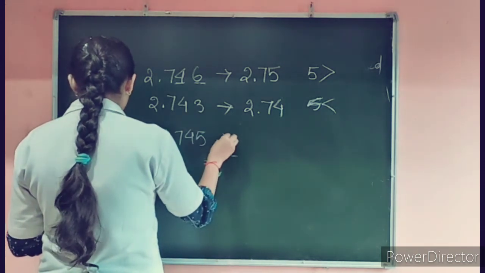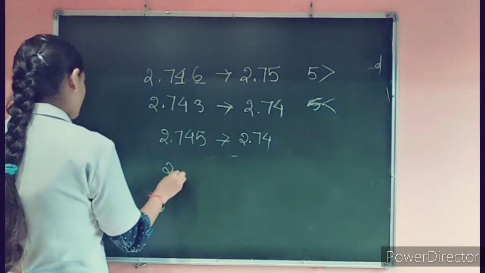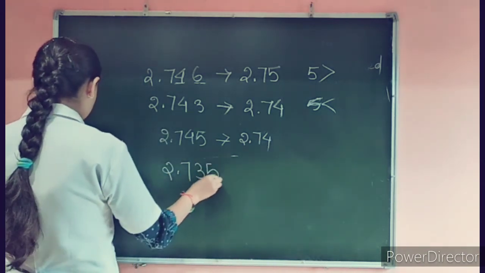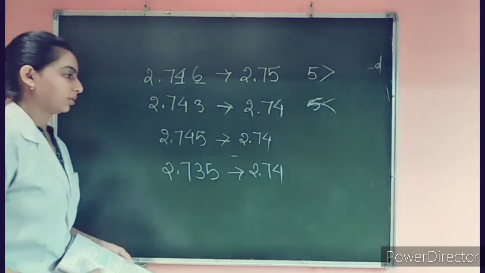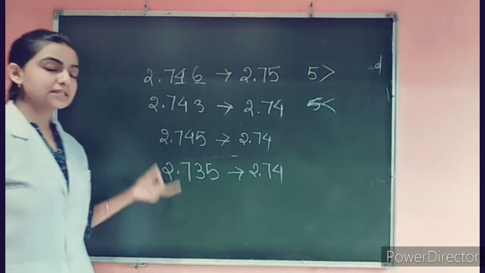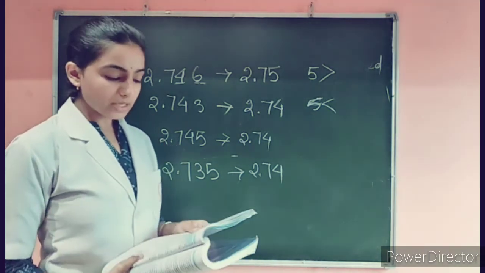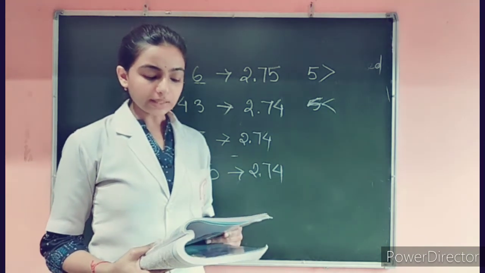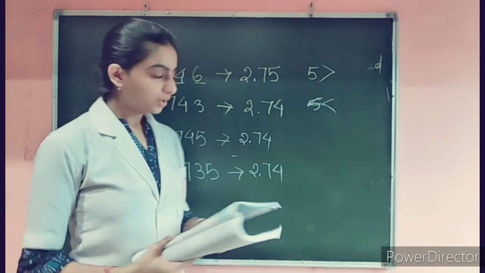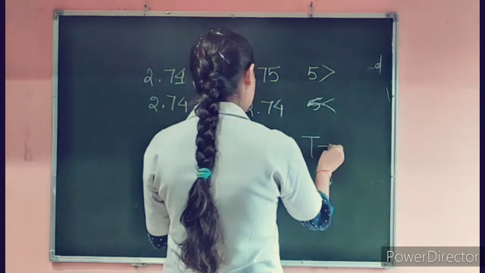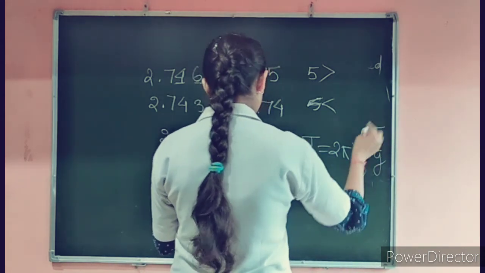If 2.745, then we round off this digit as 2.74, and if 2.735, then the digit will be 2.74. Like this. This is our rounding off. Here one example is also given. The exact numbers that appear in a formula, like in T is equal to 2 pi root L upon g.